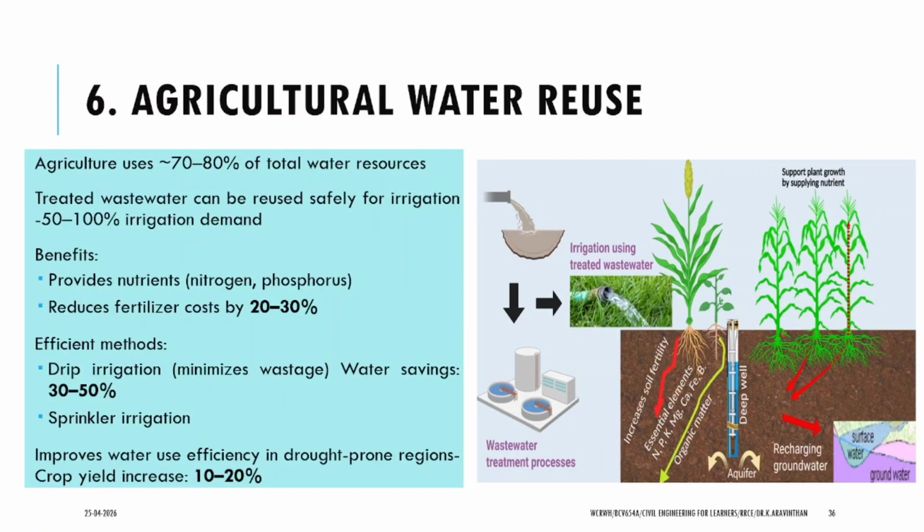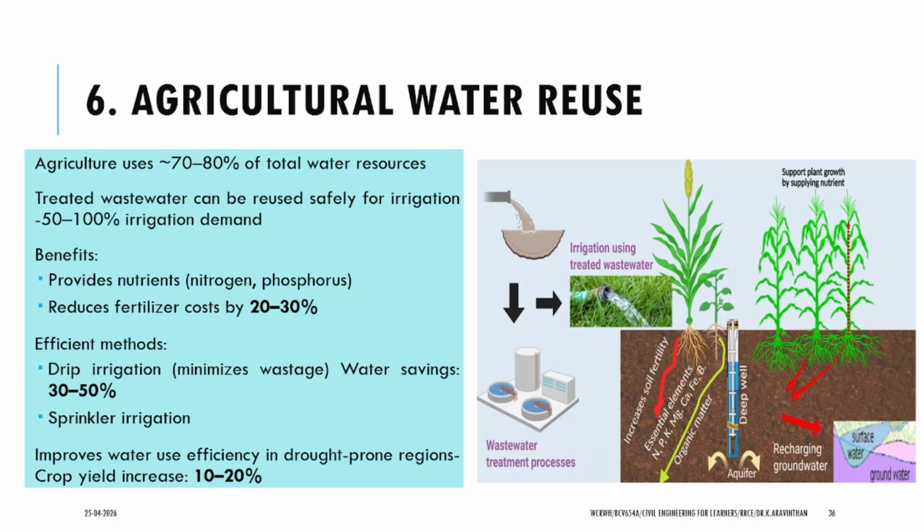Now, what are the efficient methods which we can use is drip irrigation and sprinkler irrigation. Around 30 to 50 percentage of reduction of water demand is achieved. Then it improves the water use efficiency in drought prone regions to increase the crop yielding. When we are using this kind of wastewater for agricultural purpose, the crop yielding increases.